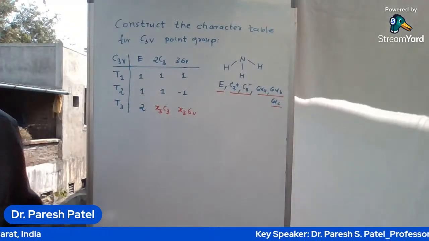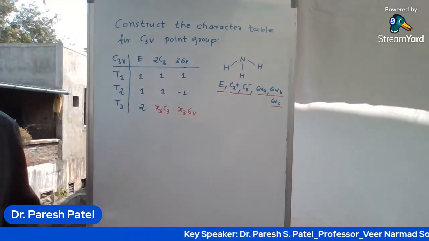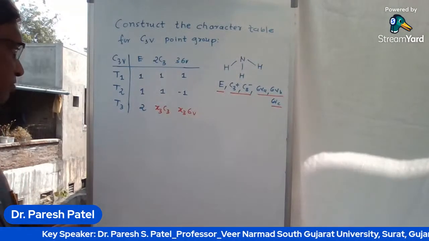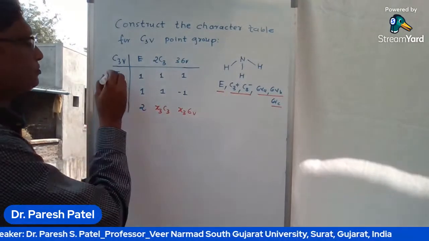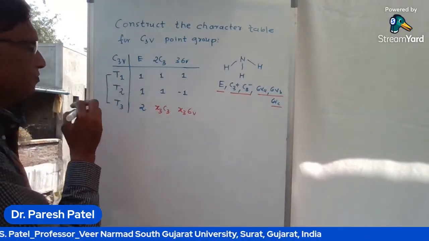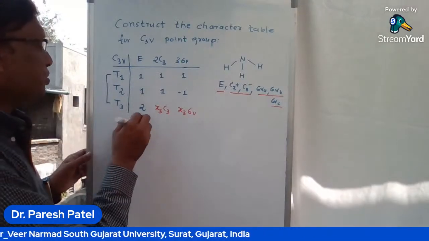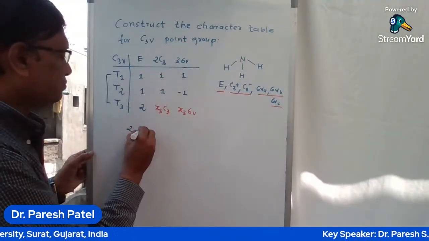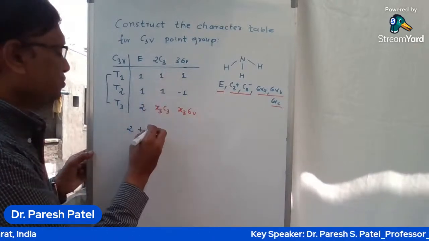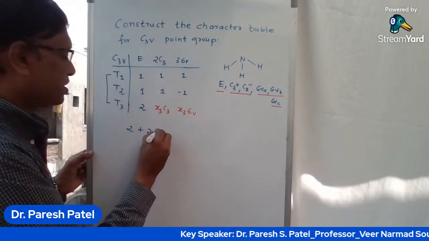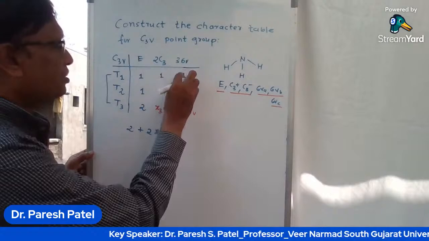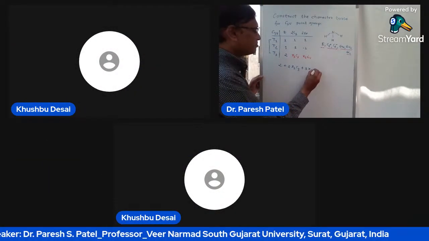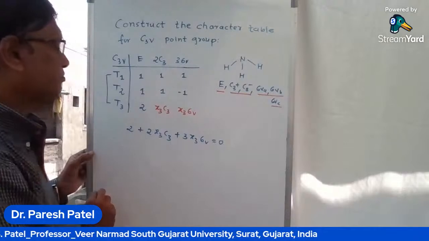The characters of the irreducible representations of the same group are orthogonal to each other. So if we take T1 and T3, and then T2 and T3, we get two equations. For T1 and T3: 1 into 1 into 2, plus 2 into 1 into character 3 C3, which means 2 character 3 C3, plus 3 into 1 into character 3 sigma V, which means 3 character 3 sigma V, is equal to 0.